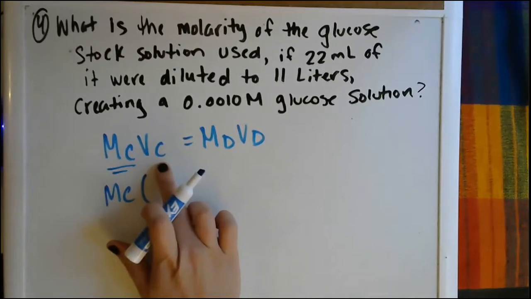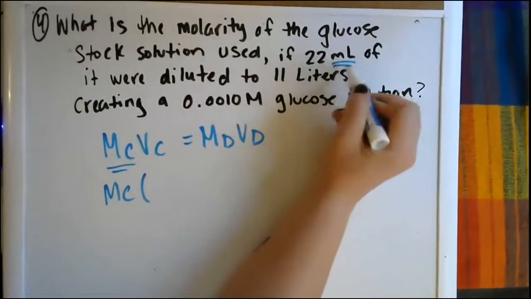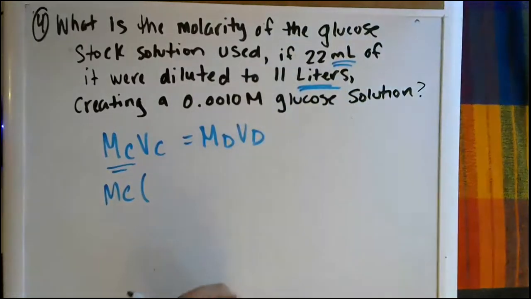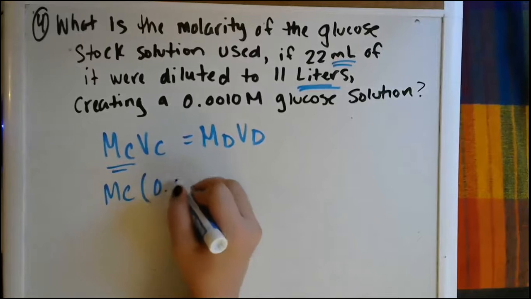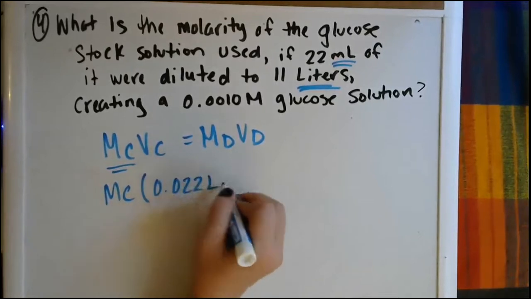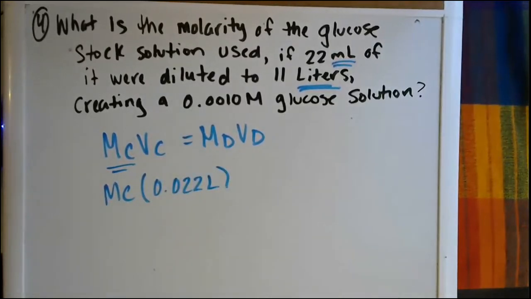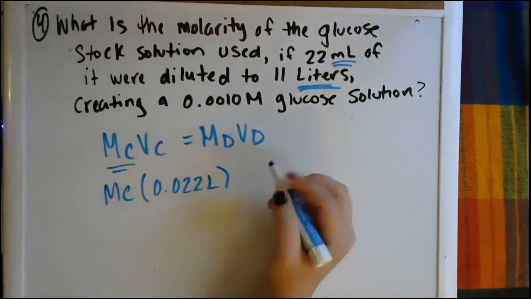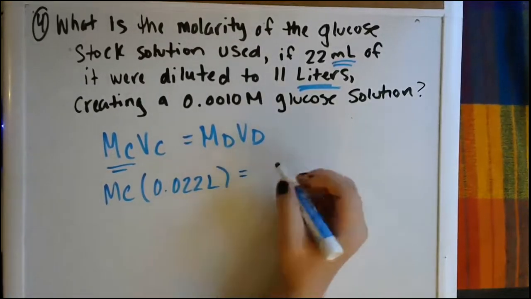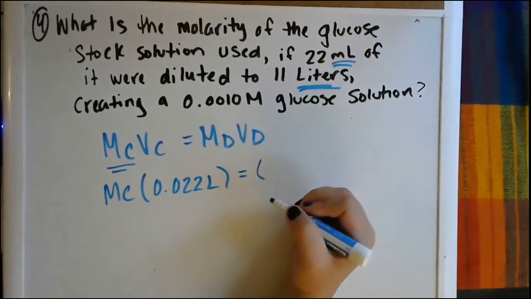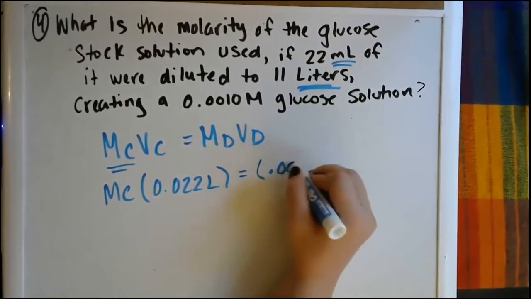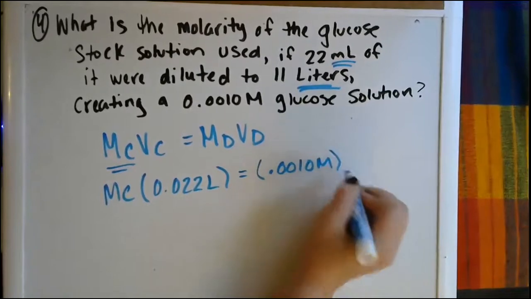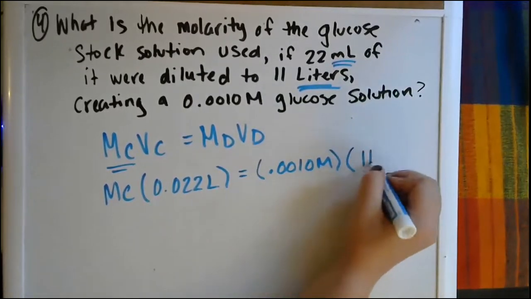I'm going to change that into liters so that my two volume units match. So I changed my 22 milliliters into 0.022 liters. Now my diluted molarity is 0.0010, and my diluted volume is 11 liters.